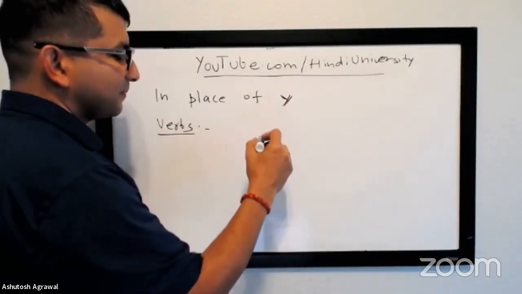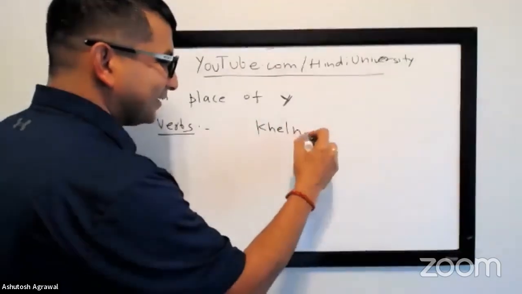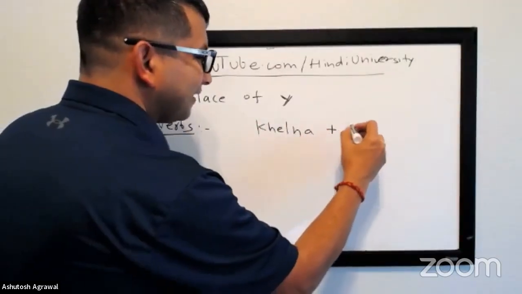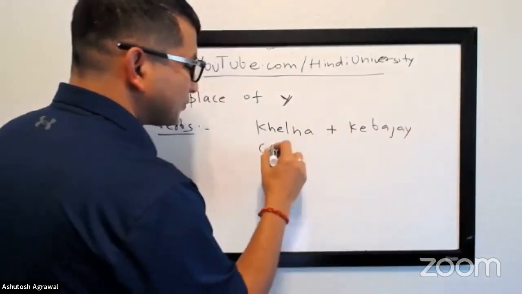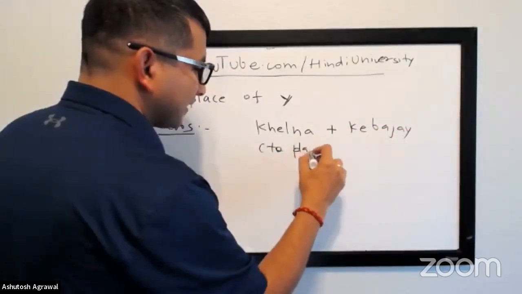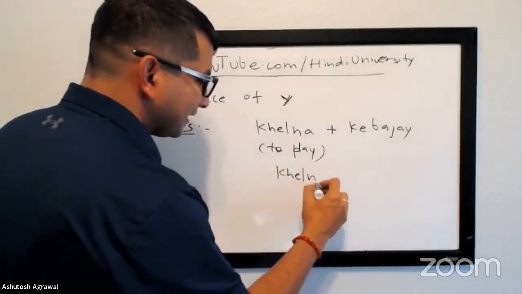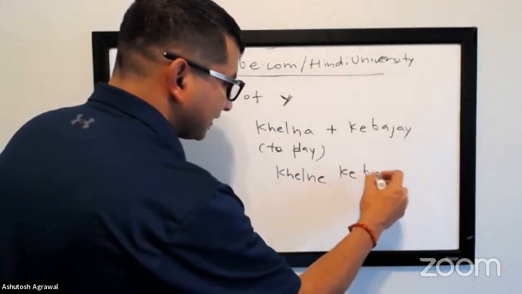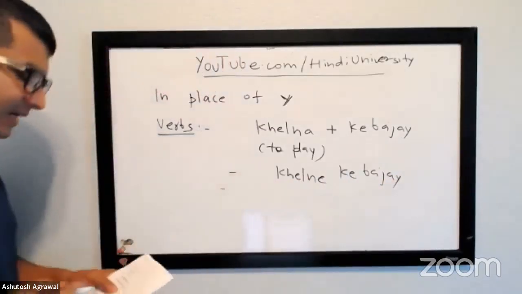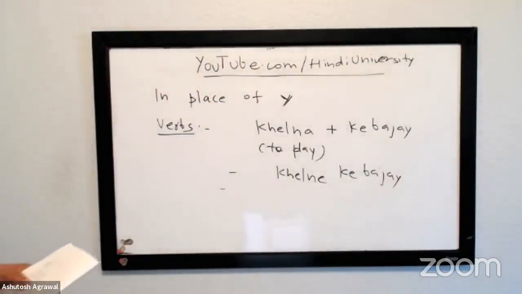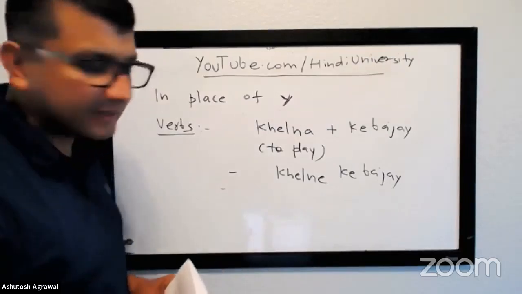Yeah, khelne ke bajaye, like instead of the playing. Very good. So what is khelna? To play. Khelna is to play. So it becomes khelna plus ke bajaye is khelne ke bajaye, खेलने के बजाय, in place of or rather than playing, and then you can make the rest of the sentences.